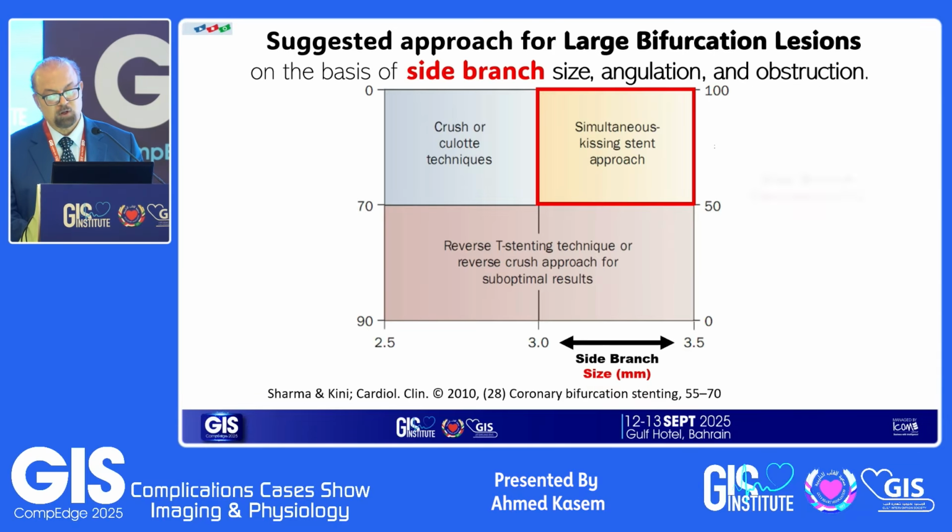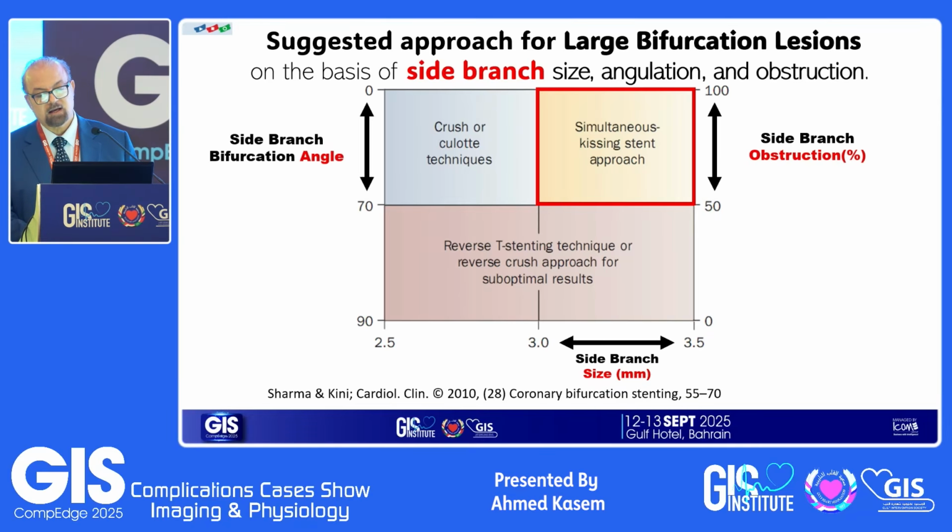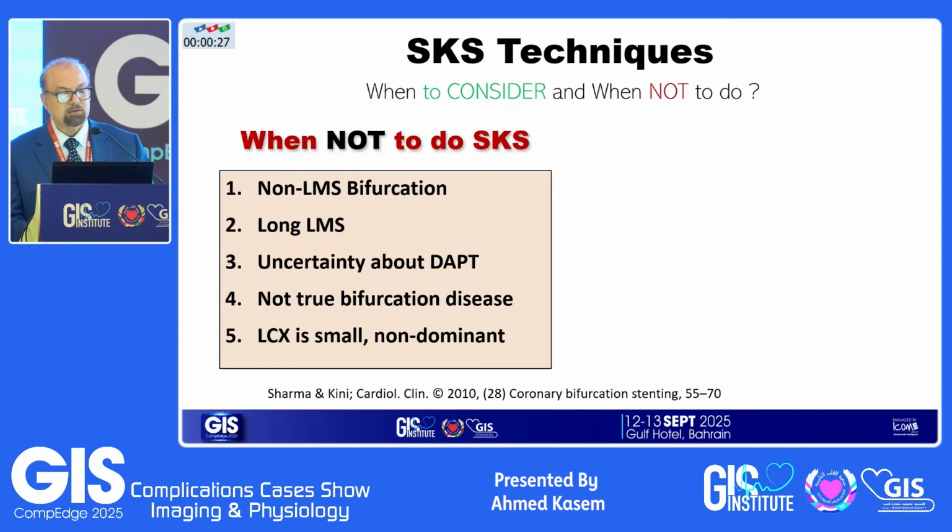performing kissing balloon. Of course, it depends on side branch obstruction more than 50%, side branch size more than 3, and the side branch angle should be narrow. We should use the SKS technique in non-left main, long left main stenting, uncertainty about the bifurcation, or no true bifurcation disease.